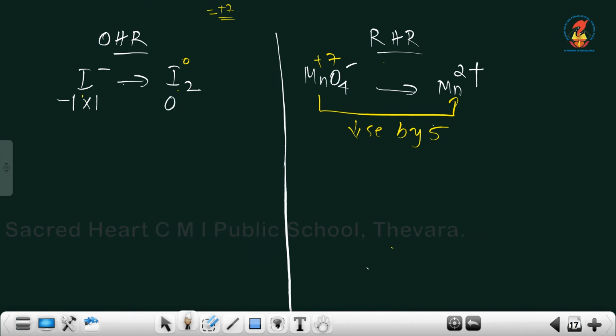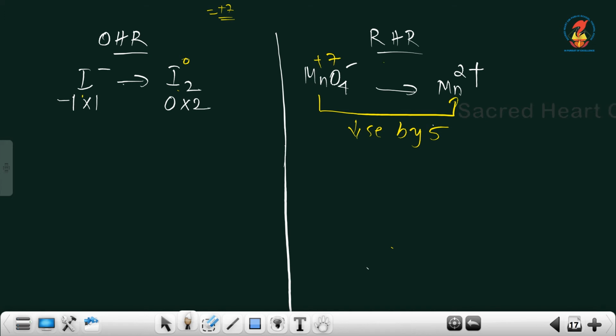Here it is 0, 0 into 2, isn't it? Here we have 2 iodine atoms. So when we assign the oxidation state, we have to assign it for an equal number of atoms. So here we are multiplying 0 into 2.